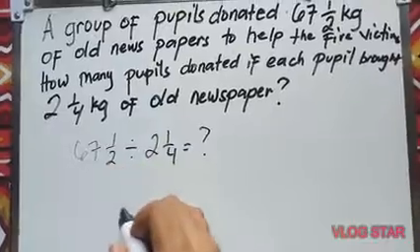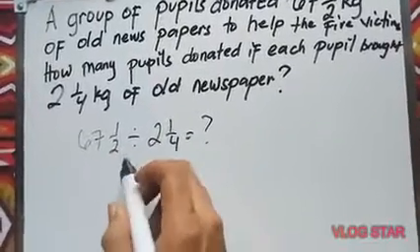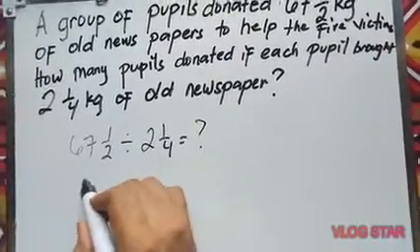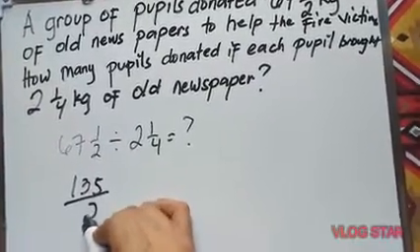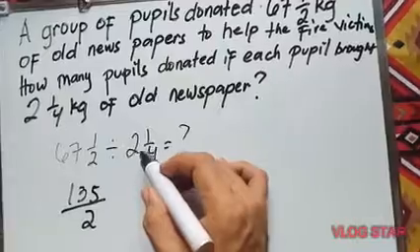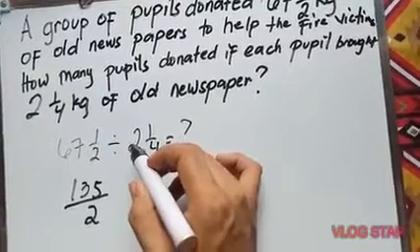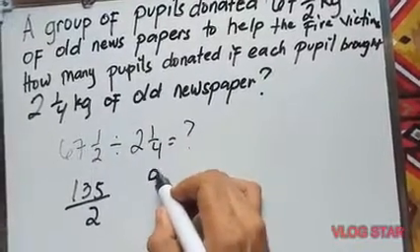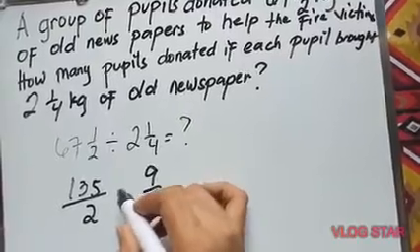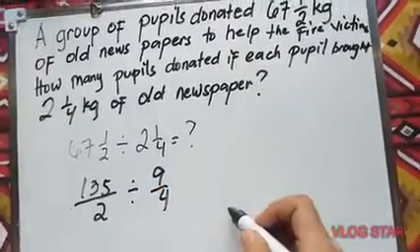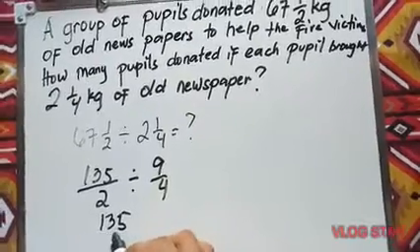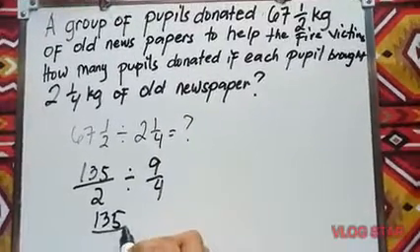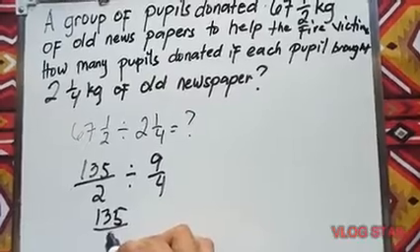2 times 67, the answer is 134, plus 1, 135. Then copy the denominator, which is 2. Then next, 4 times 2 is 8 plus 1. The answer is 9 over 4. So, 135 over 2.